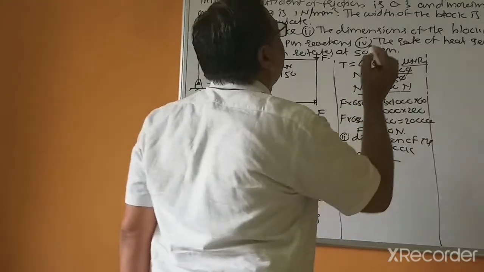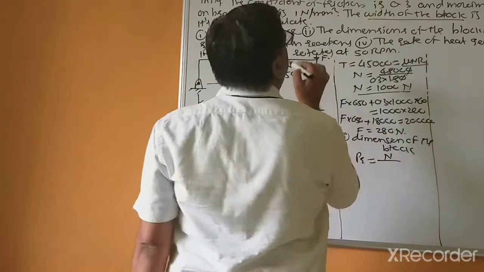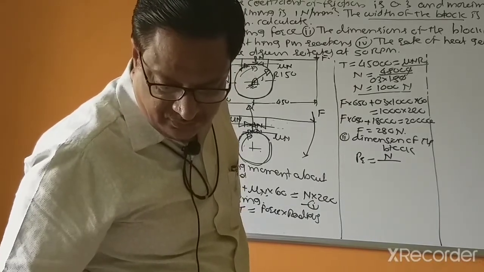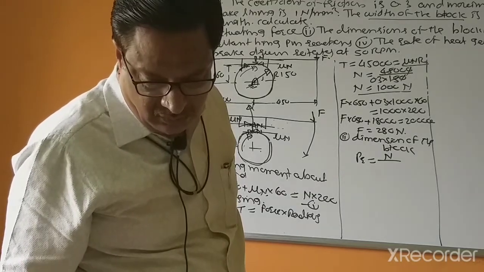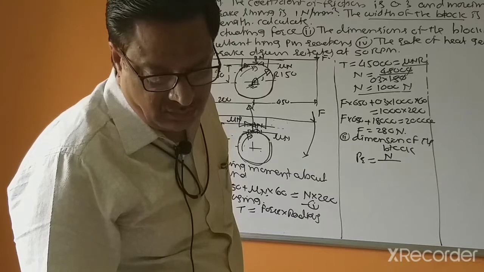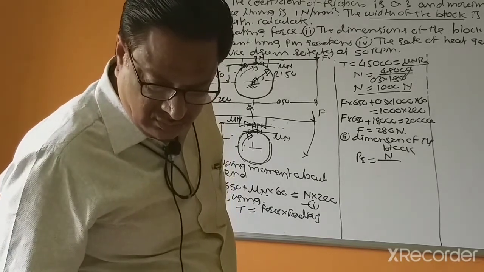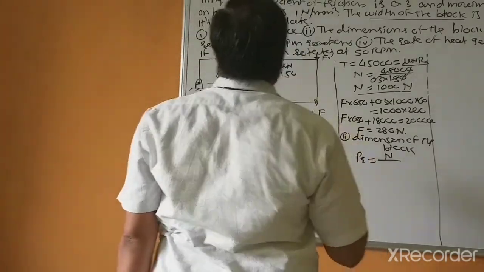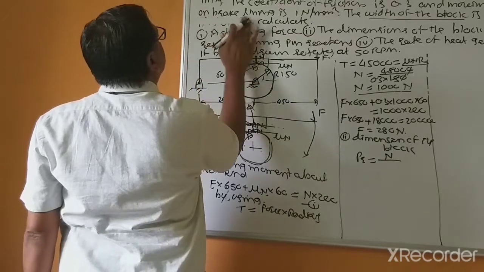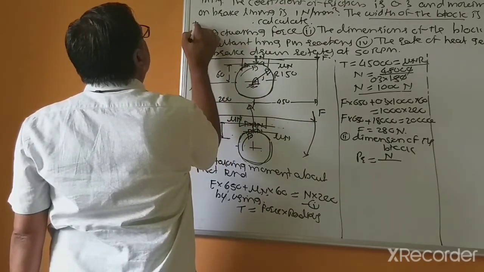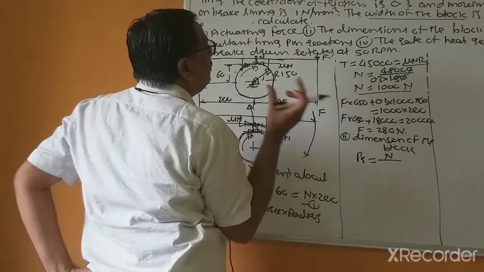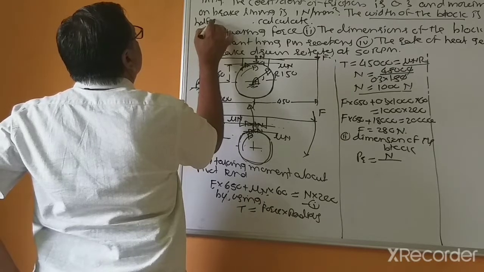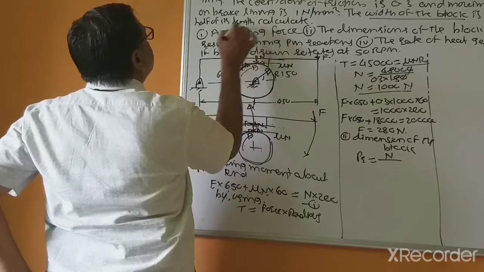The width of the block is half of its length, so this is important.